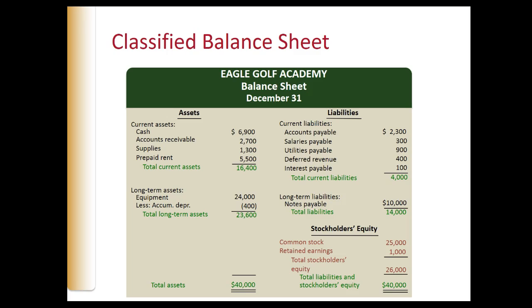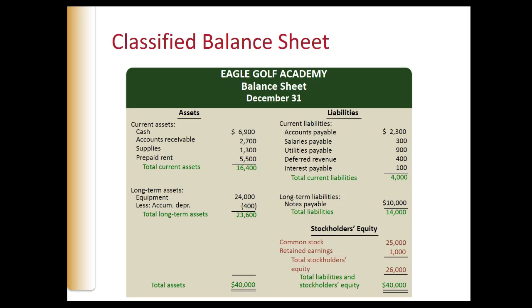The balance sheet you saw in an earlier chapter contained the key asset, liability, and stockholders' equity accounts provided to you in a really simplified list. This here is called a classified balance sheet. The classified balance sheet groups a company's asset and liability accounts into current and long-term categories.